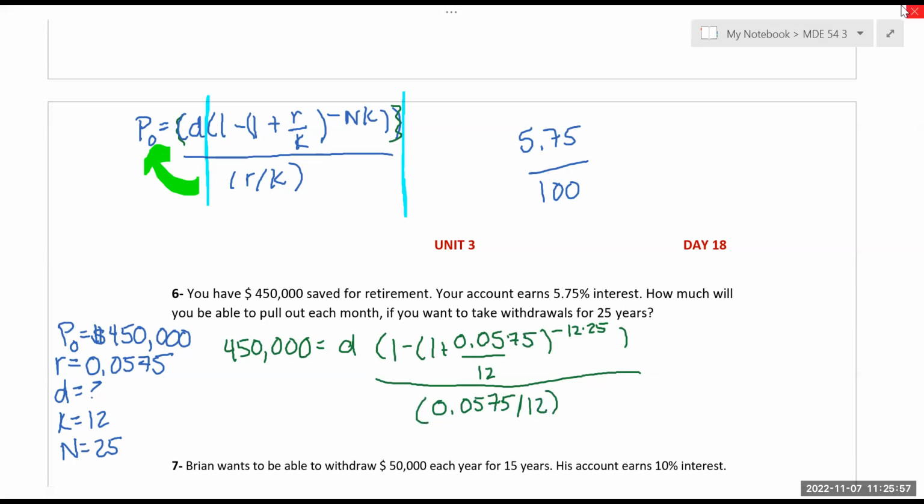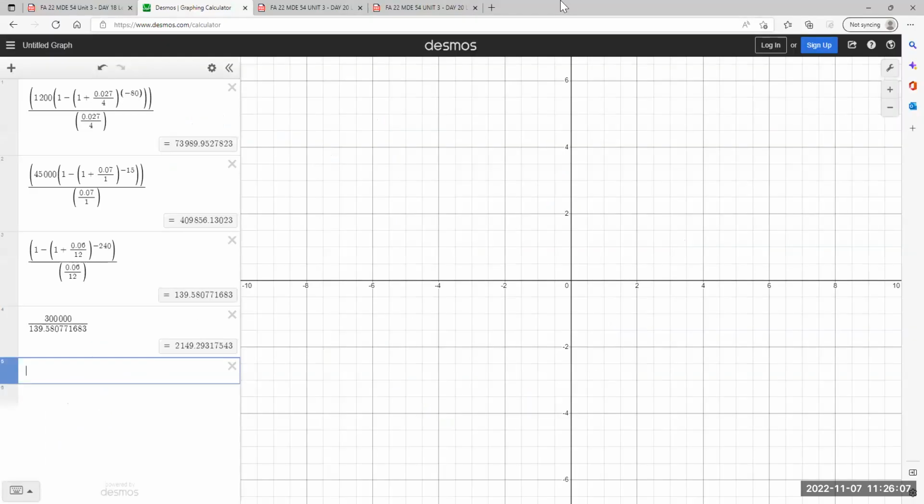I'm actually going to come over and do it on Desmos so that it looks a little nicer for us. Okay, so what I had written on the previous page was the 450,000 equals D, and then I put all this off to the side. And again, this is just free software.